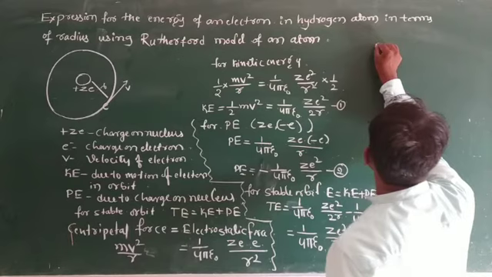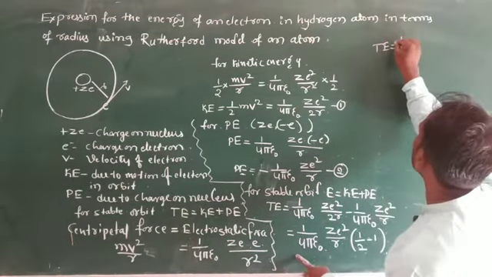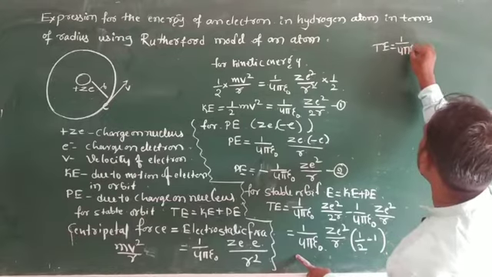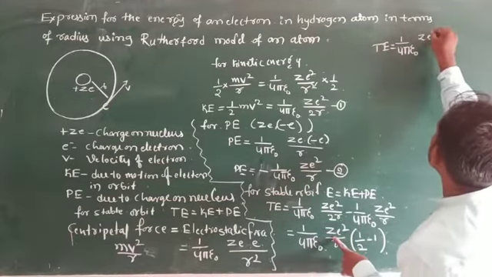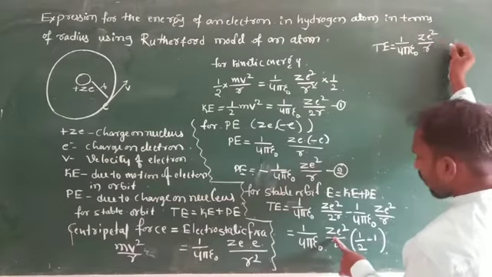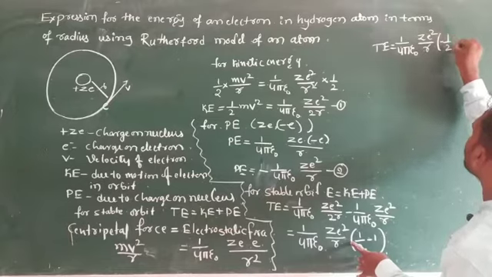So the total energy is equal to 1 by 4 pi epsilon naught ZE square divided by R into minus 1 by 2.